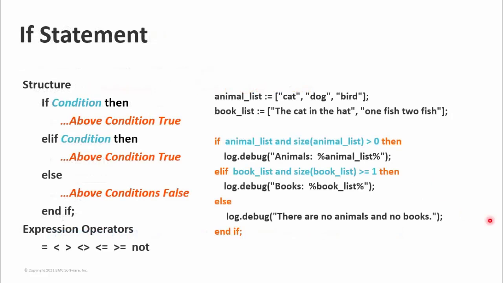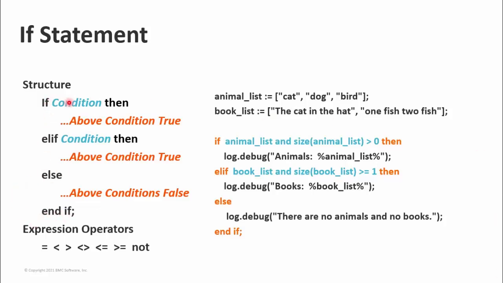Okay, now we're going to talk about if statements. The if statement structure is if condition then, and then there's an optional elif, and then there might be an else statement, and then there's a required end if at the bottom of the statement.